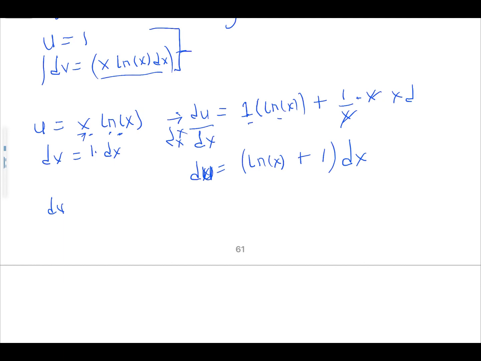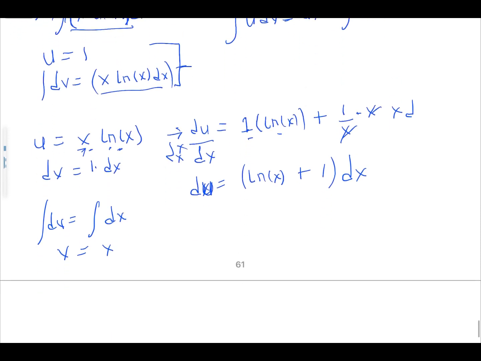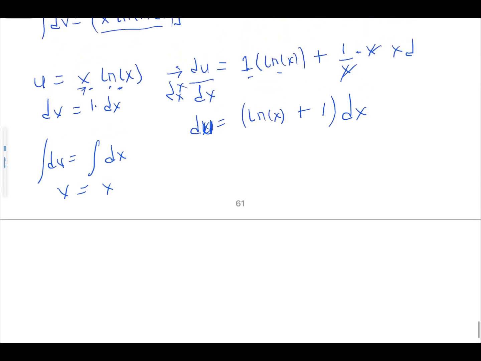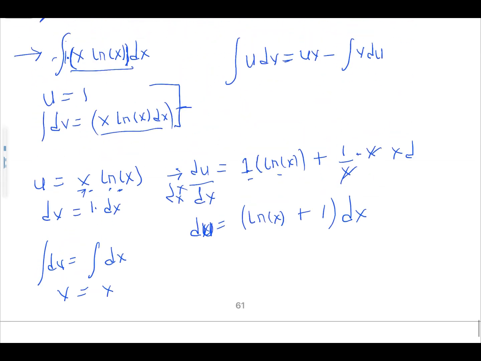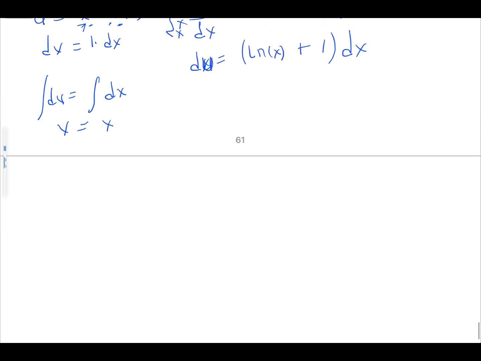Then our v. We have dv equal to dx, and when we integrate both sides we get v equal to x, because based on this formula we need v from it. From there, you need to do substitution into this formula.